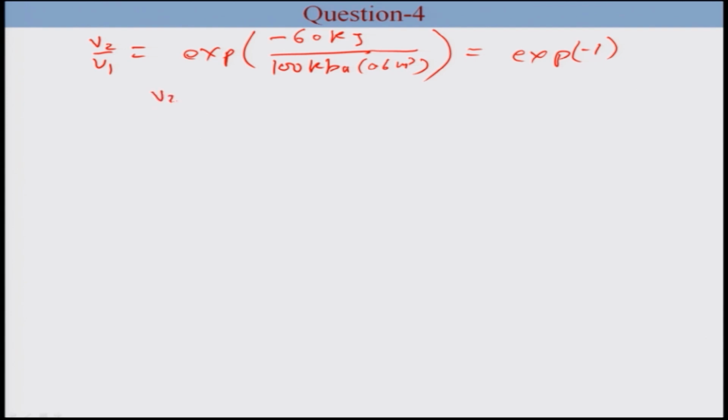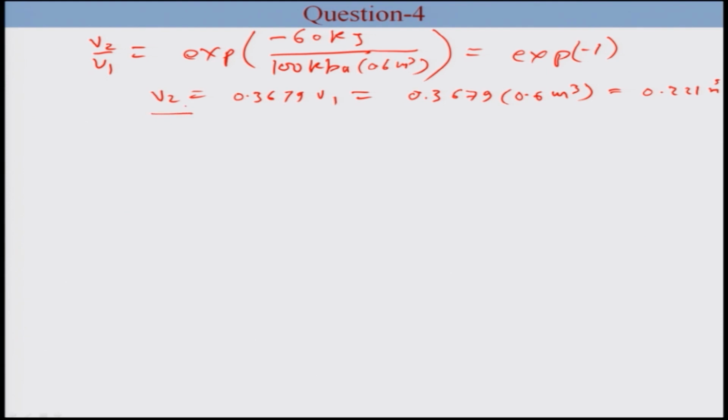So from here V2 will be equal to 0.3679 times V1. Okay, and V1 is 0.6 meter cube. So 0.3679 into 0.6 meter cube. So this gives V2 equal to 0.221 meter cube. So this is the final volume.